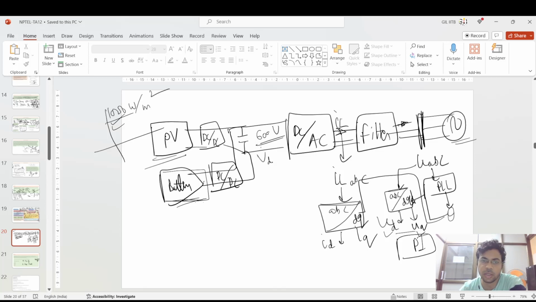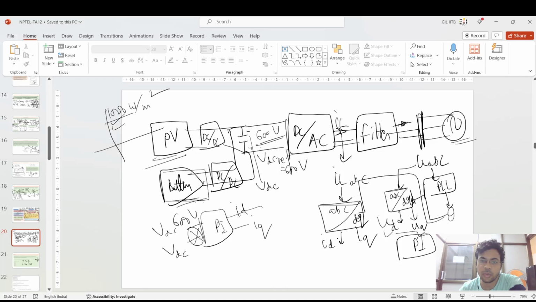So 600 volt is the VDC reference, and what is actually observed here is the VDC. The VDC reference of 600 volt and the VDC actual are compared, and then fed to the proportional controller for generating ID and IQ.